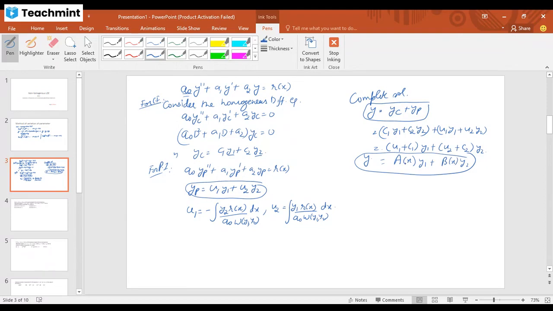And if we are given that y is a particular integral and it is a(x) y1 plus b(x) y2, then a(x) and b(x) are nothing but u1 and u2 only. We can directly solve this particular integral, and in this case we are not going to add any arbitrary constant.